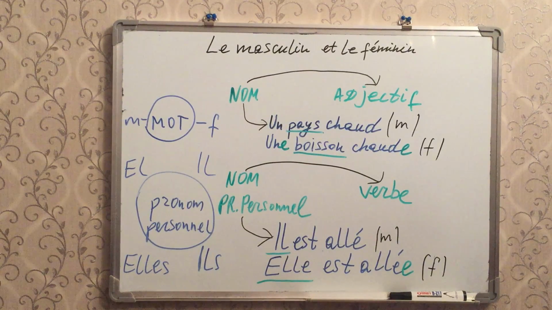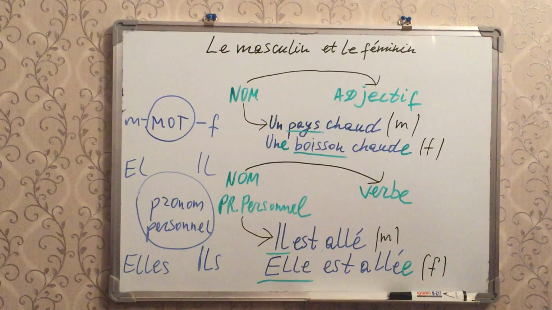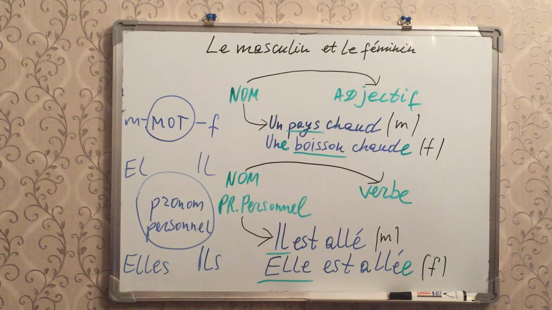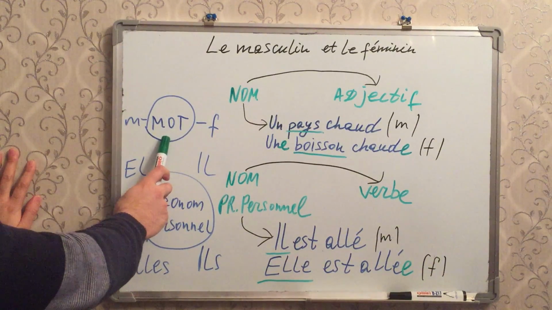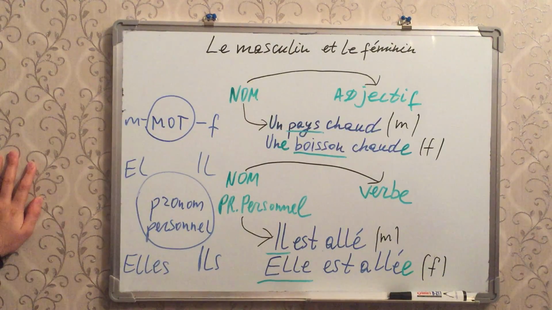So, first of all, both a masculine and a feminine form depends upon a word. A word in French is mot. It means that a word may be in a masculine form and a feminine form.